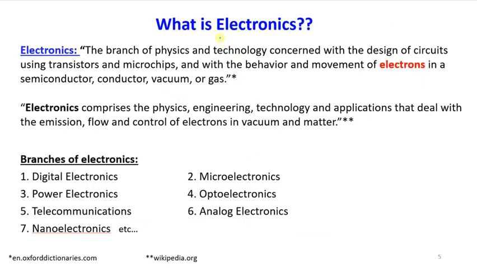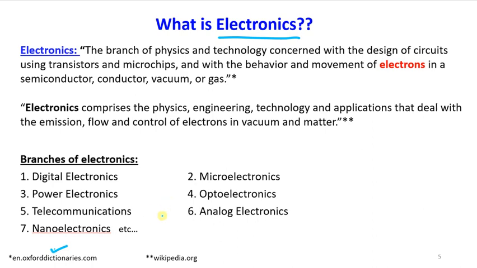Now if I say this word electronics, how will you define or describe electronics? Let's see how Oxford Dictionaries has done that. As per Oxford Dictionaries, electronics is the branch of physics and technology concerned with the design of circuits using transistors and microchips and with the behavior and movement of electrons in a semiconductor, conductor, vacuum or gas.